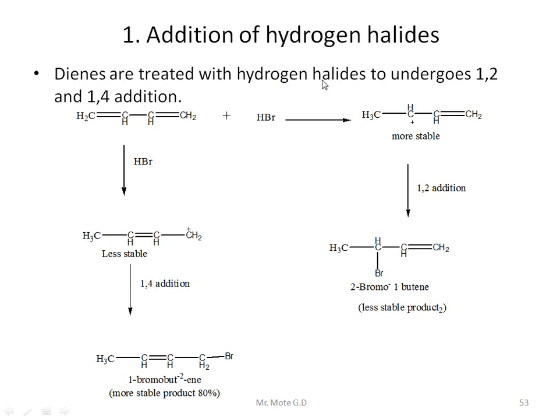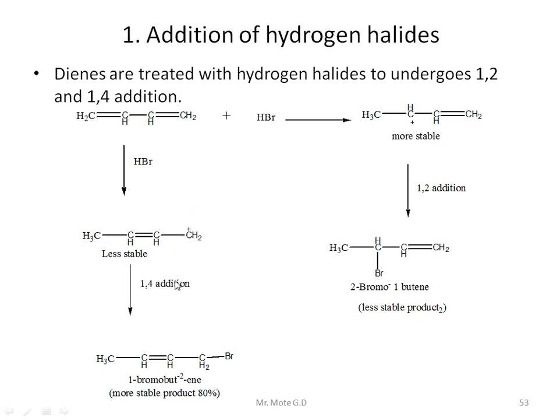Dienes are treated with hydrogen halides to undergo 1,2 addition and 1,4 addition. So 1,3-butadiene treated with HBr forms a secondary carbocation. It is more stable. In addition of Br to this to give the bromobutene, and this 1,3-butadiene again treated with HBr. An addition of H here and the positive charge will be observed here.